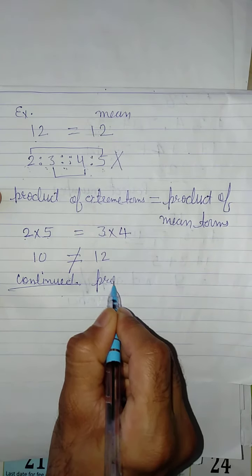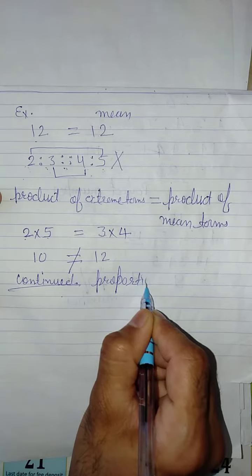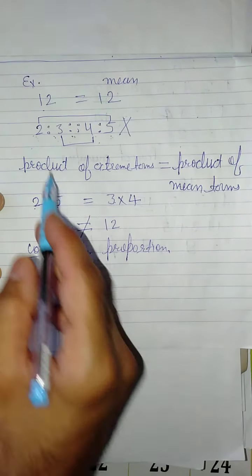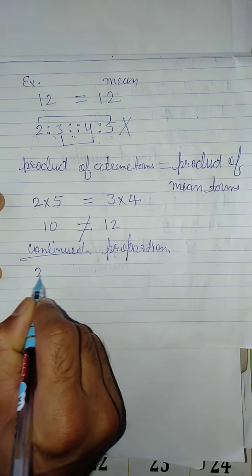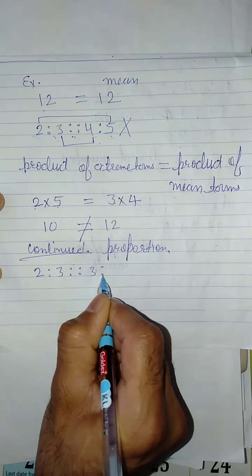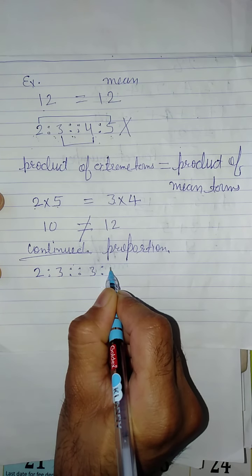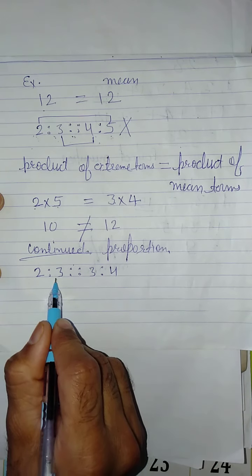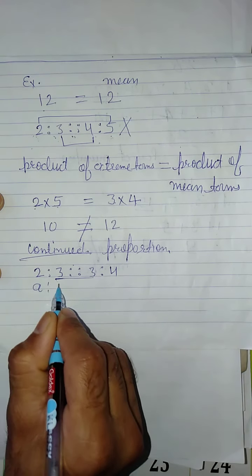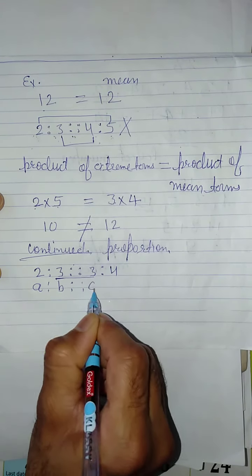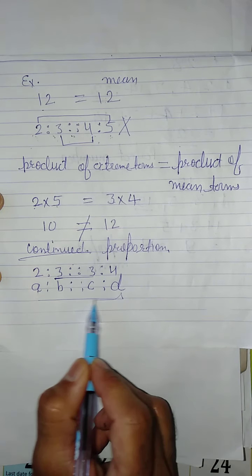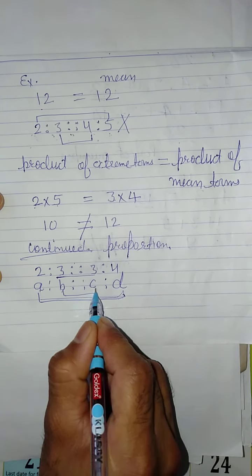Next thing, continued proportion. Okay, continued proportion, if these proportions are written in this way, see 2 is to 3, 3 is to 4, suppose. See here this is A, this is B, this is C, and this is D. These are extreme terms, these are mean terms.